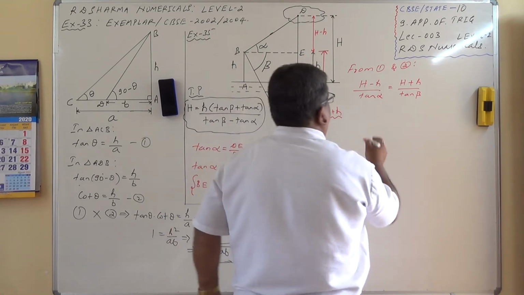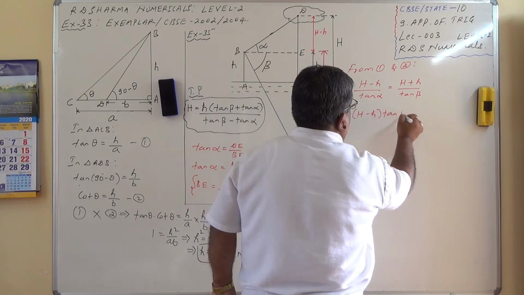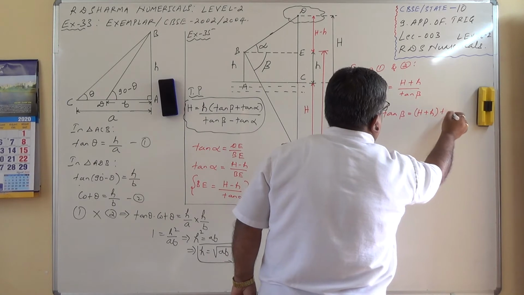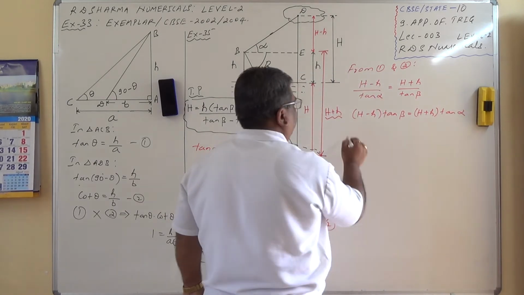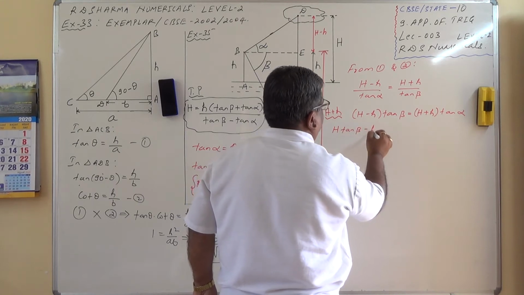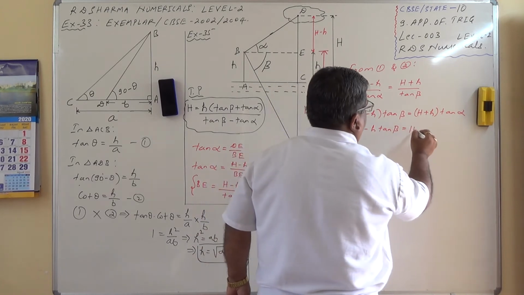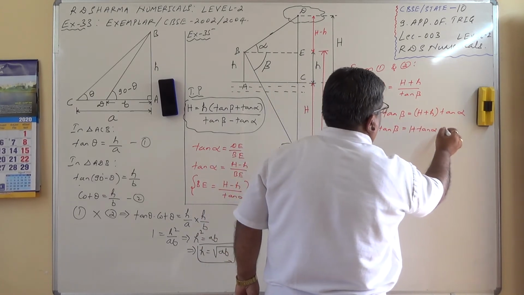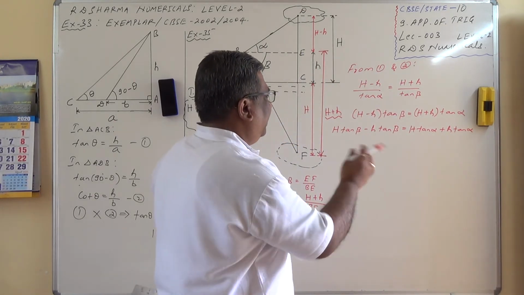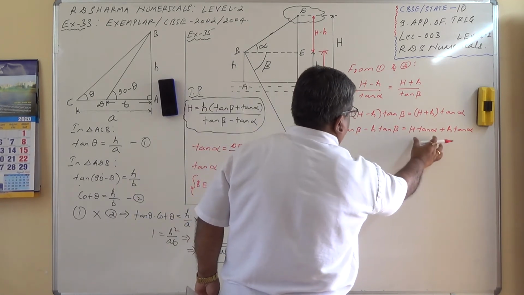Cross multiply: H minus h into tan beta equals H plus h into tan alpha. H tan beta minus h tan beta equals capital H tan alpha plus small h tan alpha. H is to be transposed now. Here one h is there, here one h. That means H tan beta, H tan alpha is there.